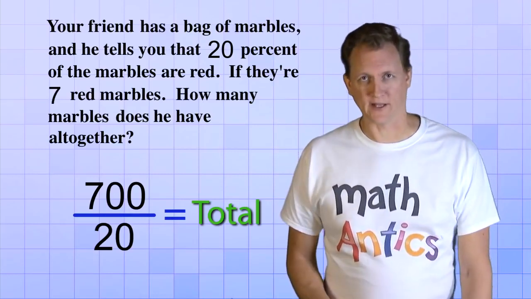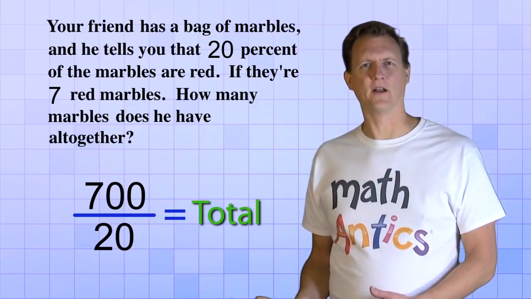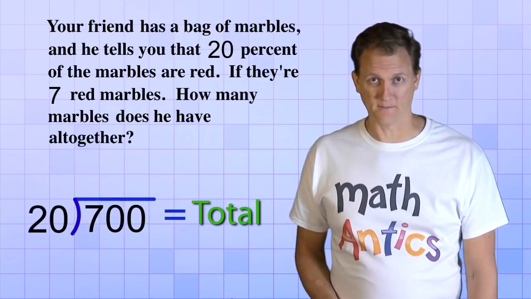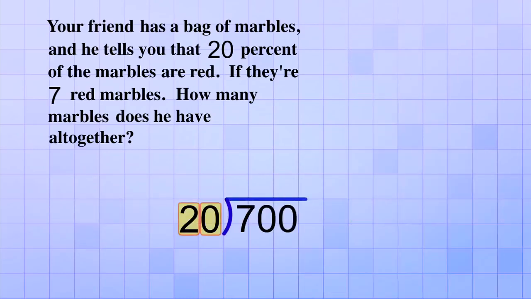Well, we could use a calculator to divide, but this doesn't seem too hard, so I'll just do the division the long way. 20 is too big to divide into the first digit, 7, so we'll need to include the digit next to it as well. Now we ask, how many 20s does it take to make 70 or almost 70?